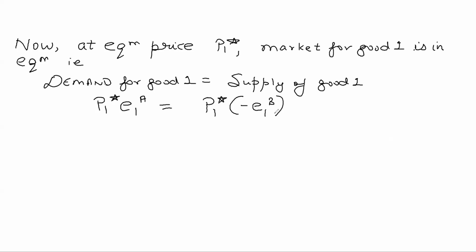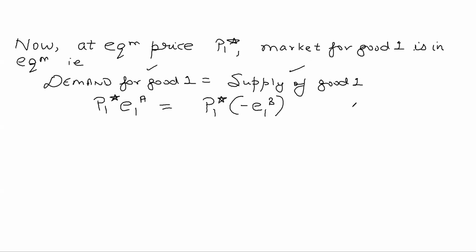We have said that market for good one is in equilibrium. Market for good one is in equilibrium means demand for good one is equal to supply of good one. अब आप इसको इस तरीके से समझें, अगर गुड वन की मार्केट के अंदर ए की एक्सेस डिमांड है, तो उस एक्सेस डिमांड को कौन मीट करेगा? एजेंट बी मीट करेगा.